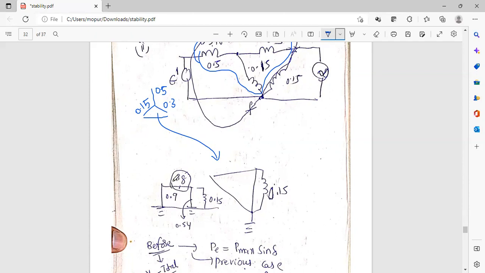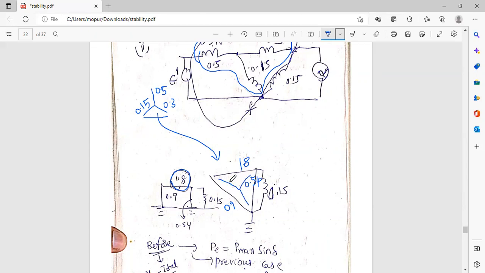So if you convert, we will get 1.8 as the upper end. This is 1.8. And here this is 0.9, and here you have 0.54. Actually, before we had a star like this.